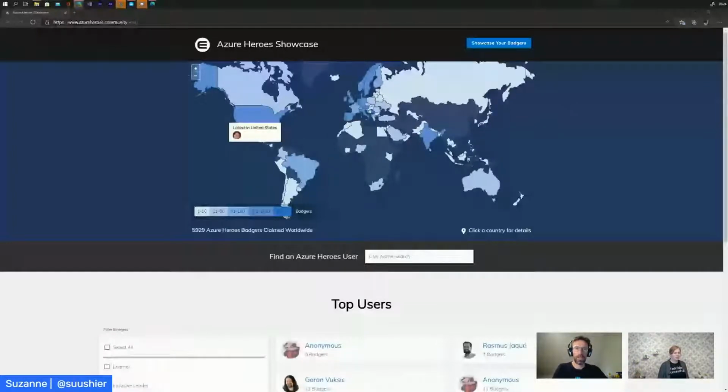Indeed. I think that's the whole point with Hacktoberfest: how can we make it easy? How can we help the community in becoming contributors to open source? It should not be hard.